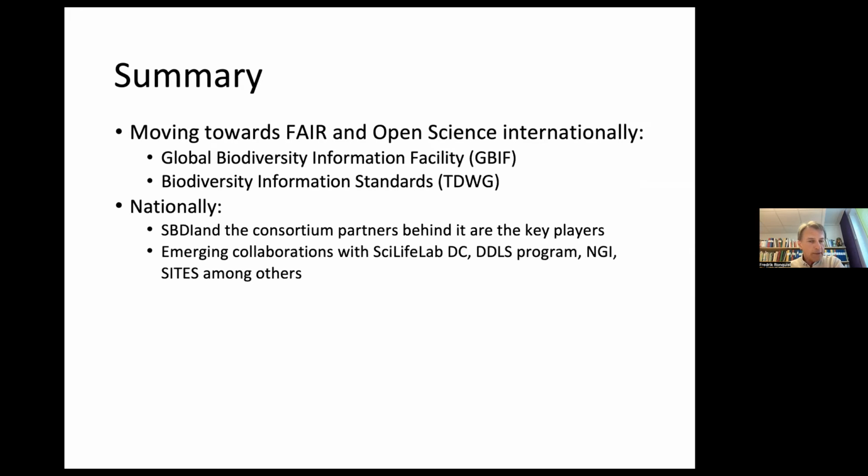And we're seeing some emerging collaborations with SciLifeLab Data Centre, DDLS program, NGI sites, and other national research infrastructures that have some overlap, or they provide data or generate data that we want to share and make fair and make it possible for researchers to use in open science in the SBDI platform.